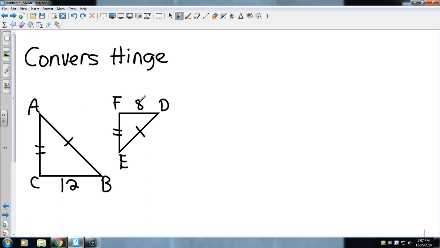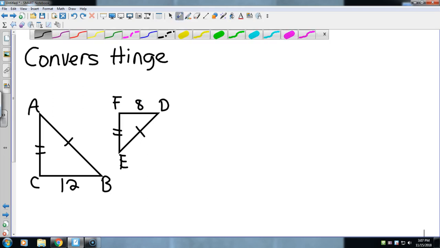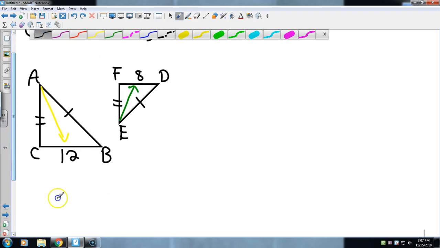And so again, I have to have two corresponding equal sides, but then if I look at the angles here, angle A is opposite a bigger side, and angle E is opposite a smaller side. So those two angles are going to have a relationship. And in this case, because angle A is opposite the larger side, angle A is the larger angle.